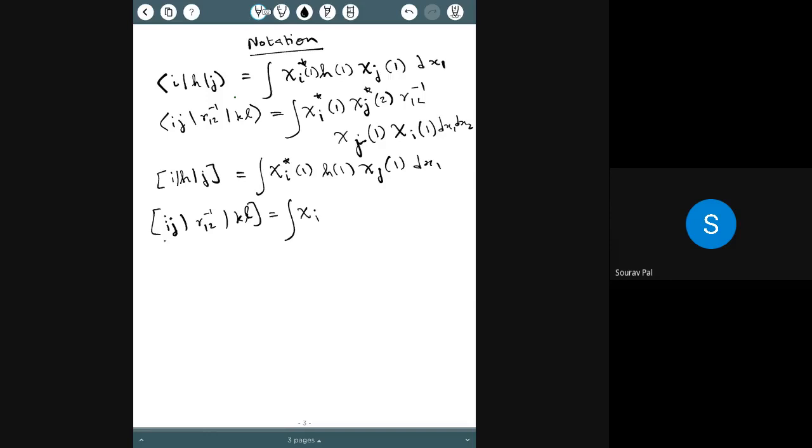So these two will be for the same electron, and these two will be again for the other electron. So it will become chi I1, chi j star, chi j1, and then R1 to inverse, chi k star 2, chi L2.